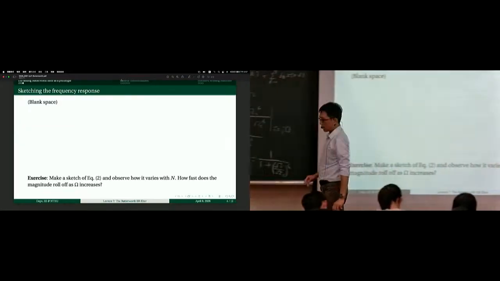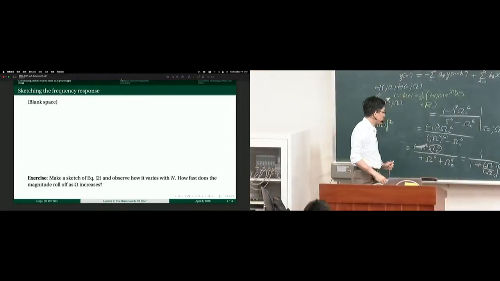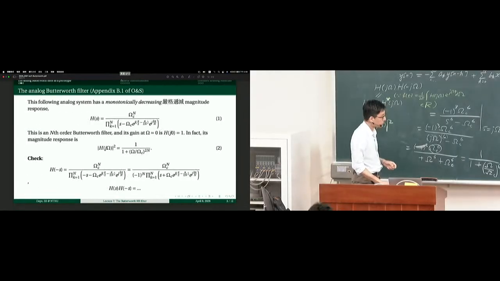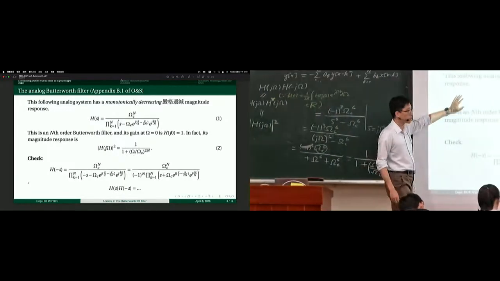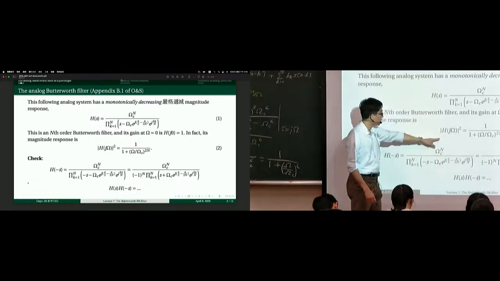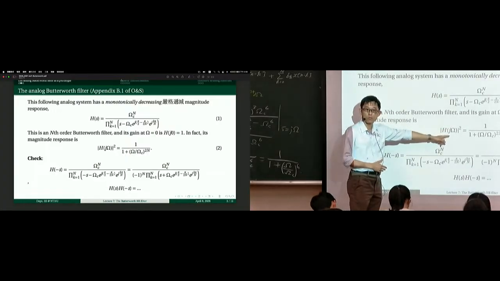Now, to summarize, today we have shown that, counterintuitively, with the prototype which looks complicated, the system function looks complicated to the third power, we can show that its magnitude square has a rather simple expression.